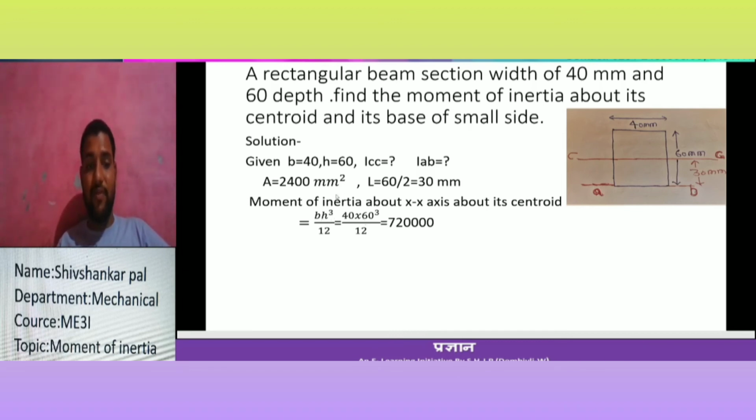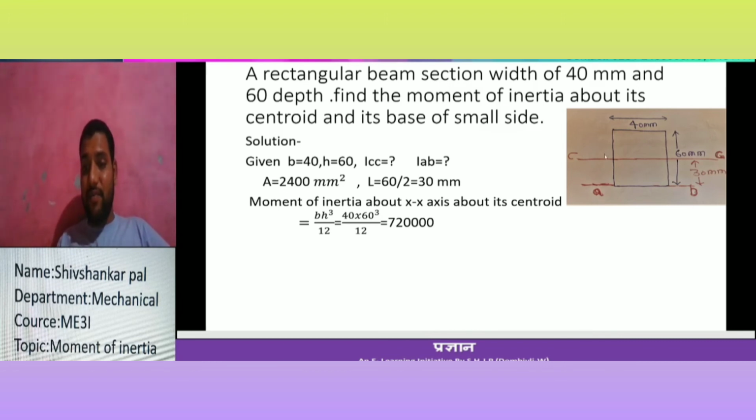Put the values in this formula to obtain the moment of inertia about the centroidal x axis of the rectangular section.